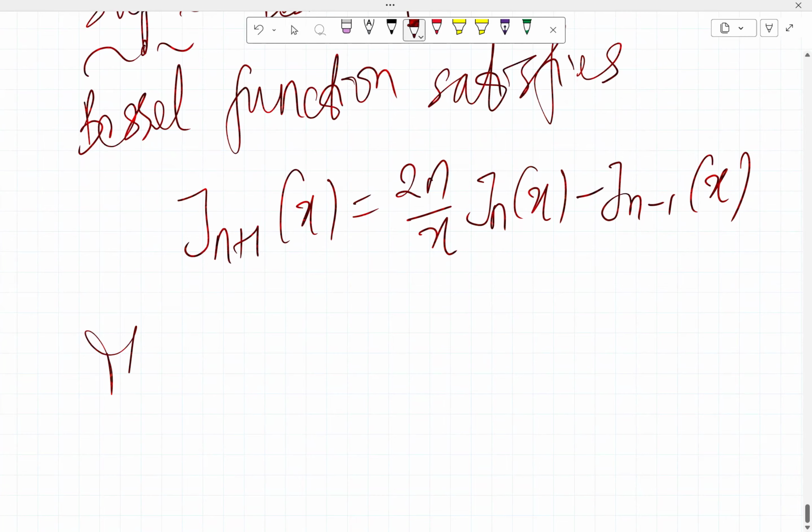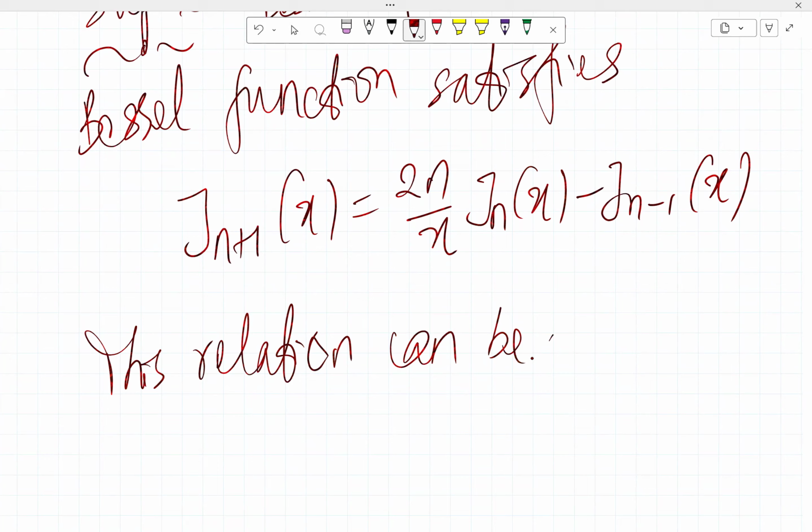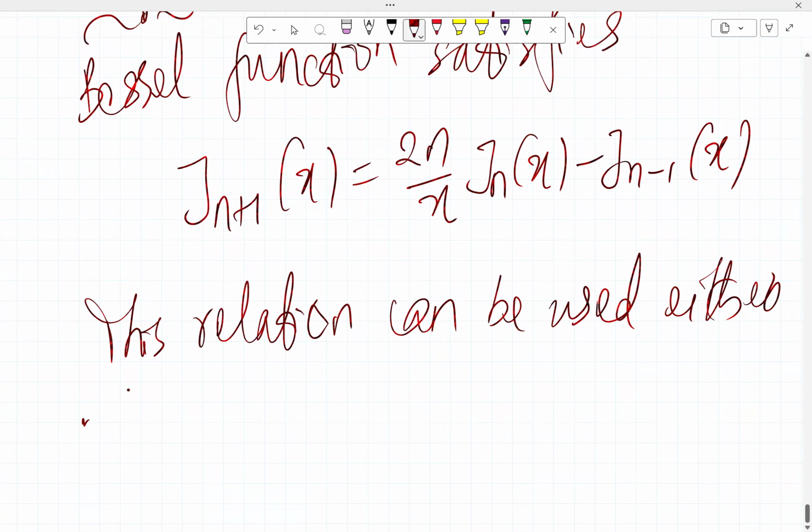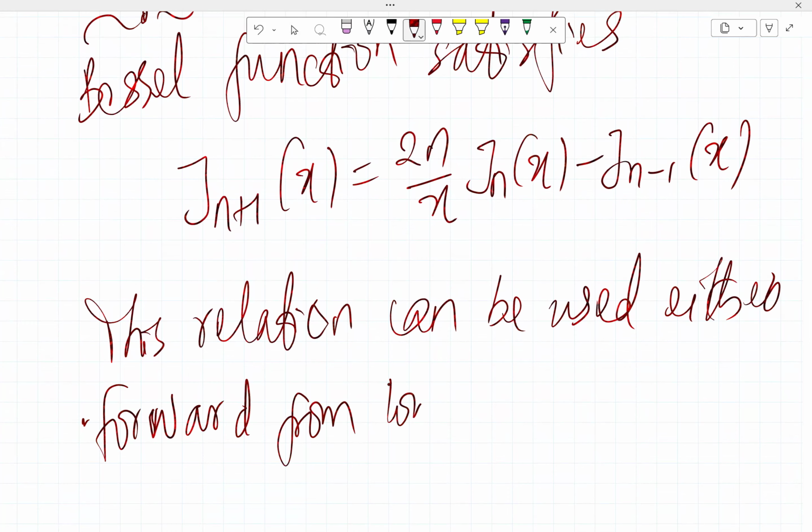So this relation can be used forward, from lower orders to higher orders.